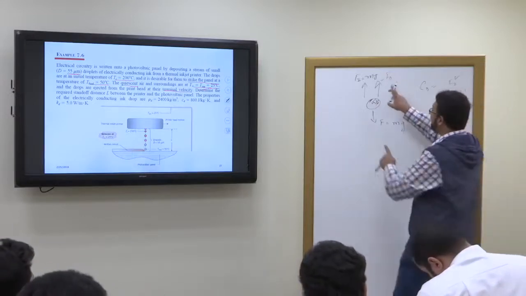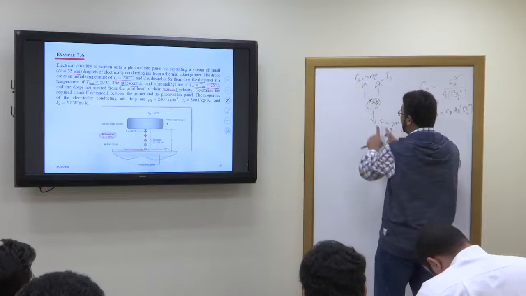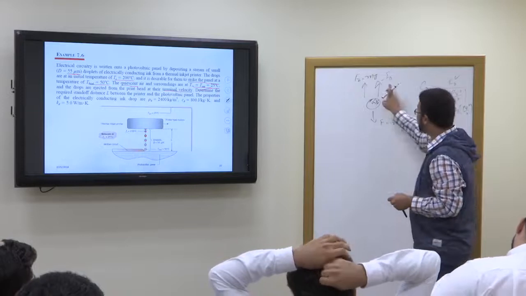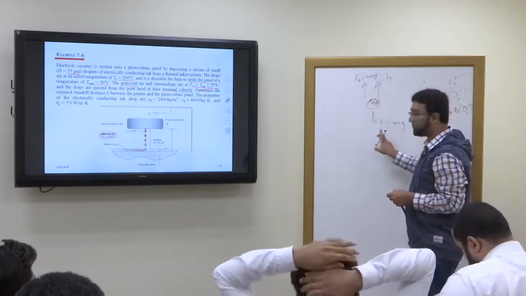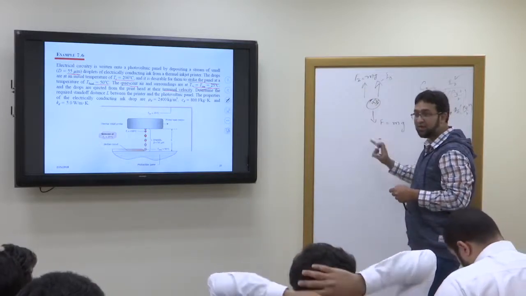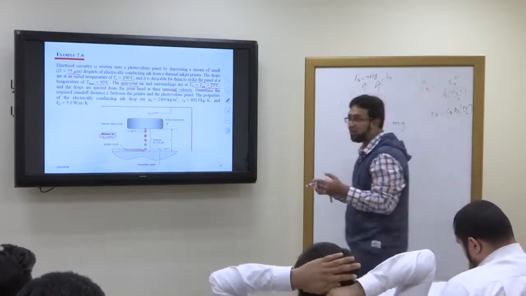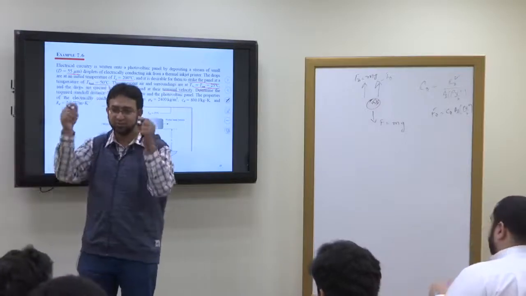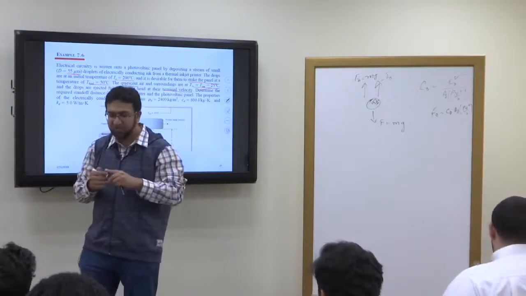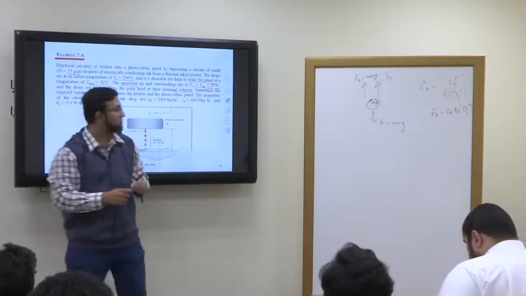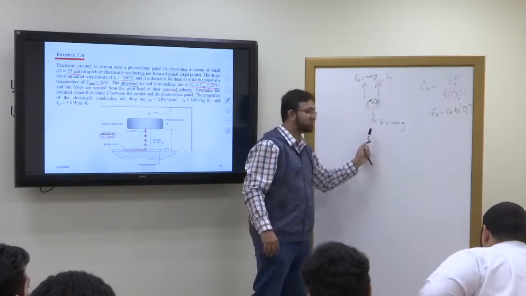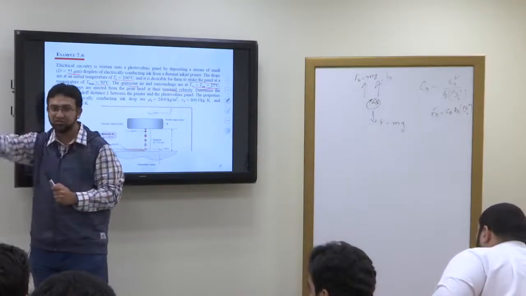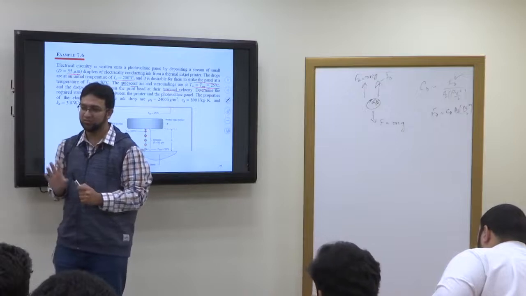A time will come when the combination of Fd and Fb will be equal to this F. When this happens, no additional force is acting, so the velocity remains constant. The velocity keeps on increasing until the combination of these two forces is equal to this force, and then the velocity becomes constant. The velocity does not increase further, and that is the terminal velocity.